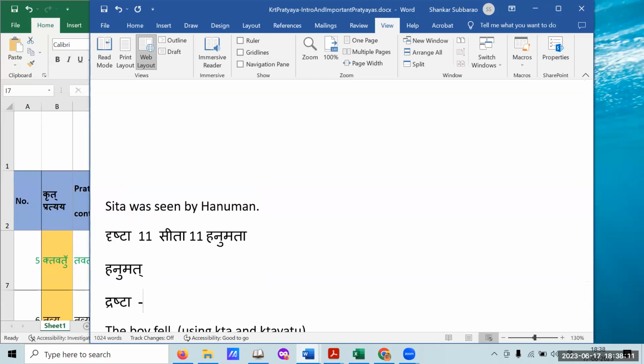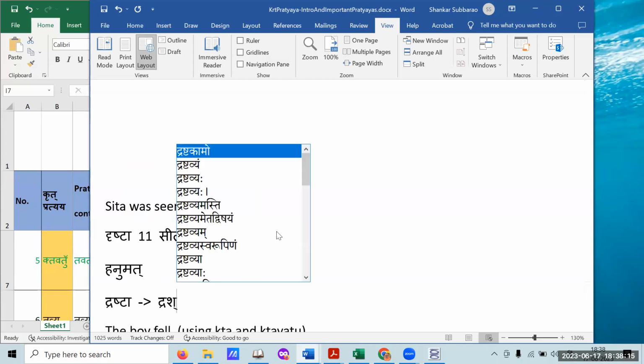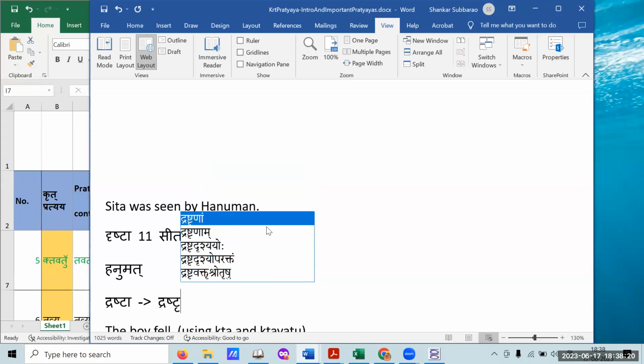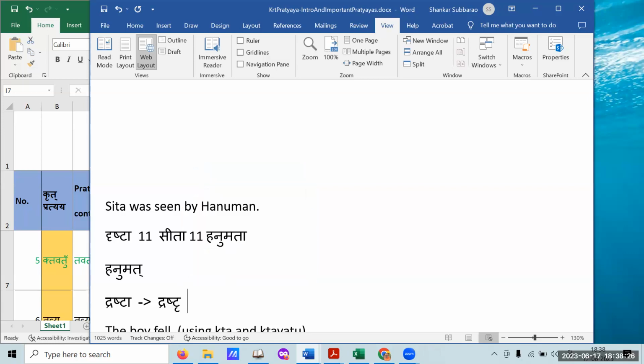And this word is Drashtr, with the trich pratyaya, in 1-1. What does it mean? Seer. Drashta is seer. It's a subanta.